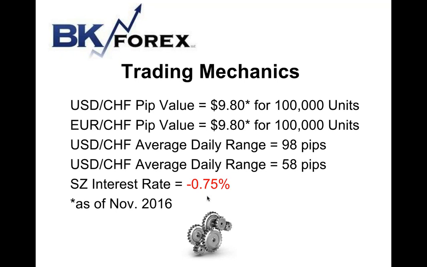But because it is viewed as such a safe haven, in other words, when things go bad, investors would rather know that the worst that can happen to them is they will lose 75 basis points if they hold their money in the Swiss franc for a year, than they will lose 50% of US dollars or 50% of euros or 50% of Australian dollars because the world is ending. That's the kind of dramatic bet that people make when they're thinking about the Swiss franc.